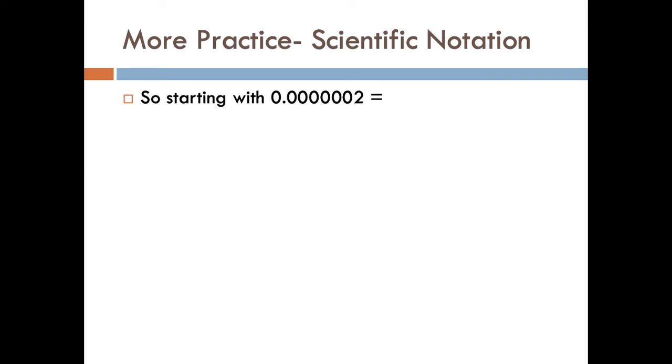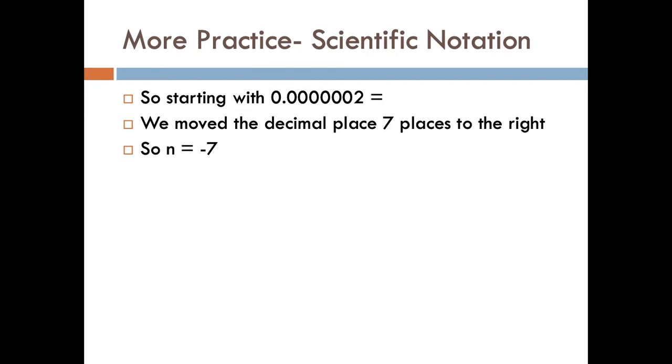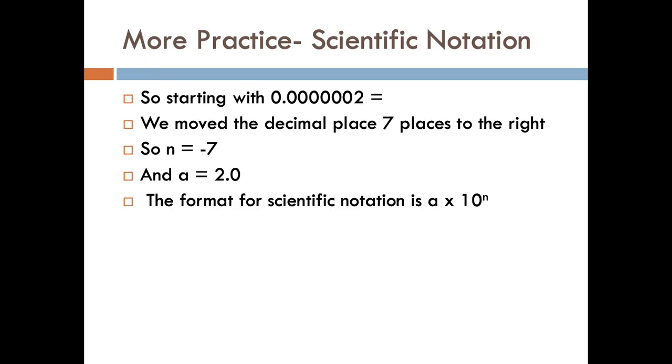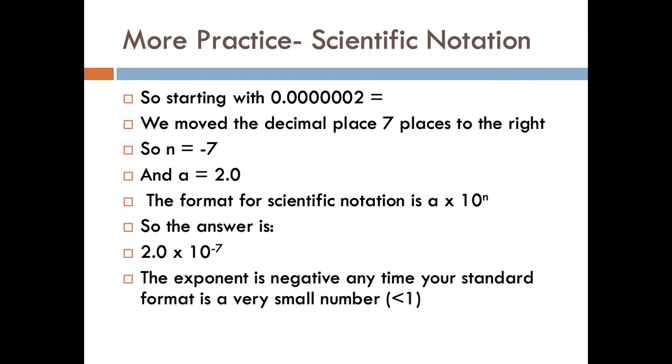So if we're starting with 0.0000002, we move the decimal point 7 places to the right. So the exponent is -7, and a is 2.0. So the answer is 2.0 times 10 to the -7th. That is the same number as 0.0000002. The exponent is negative anytime your standard format has a very small number, or less than 1.